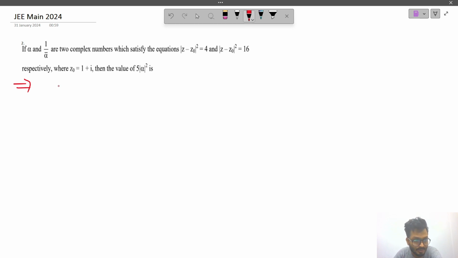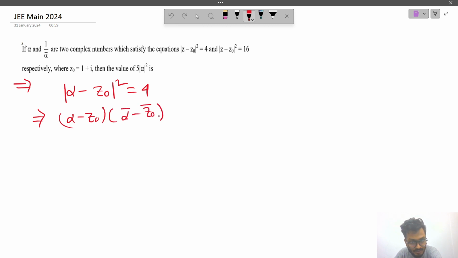So let's find it. First of all, alpha satisfies this equation, so mod of (alpha minus z naught) whole square equals 4. This implies that (alpha minus z naught) into (alpha bar minus z naught bar) equals 4, because we know that mod z square equals z dot z bar.